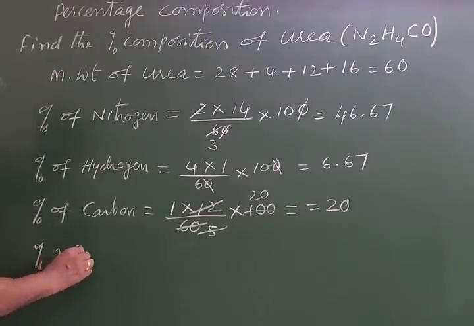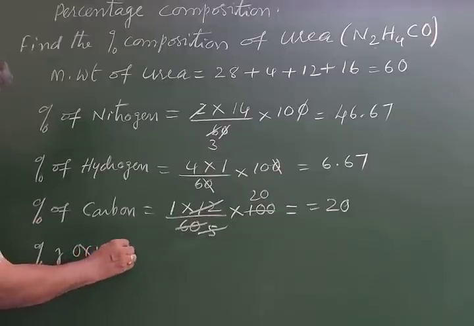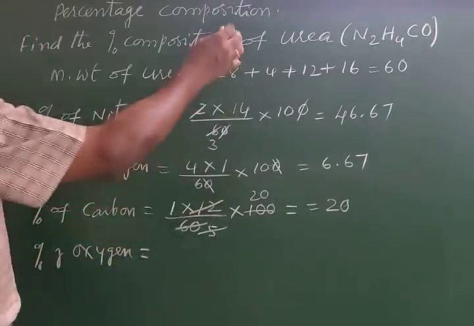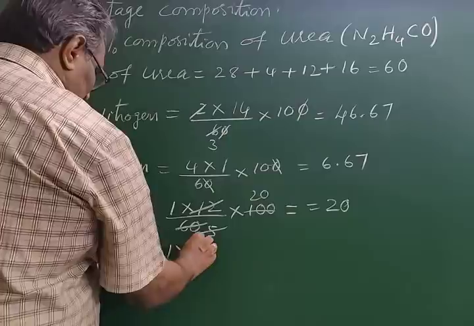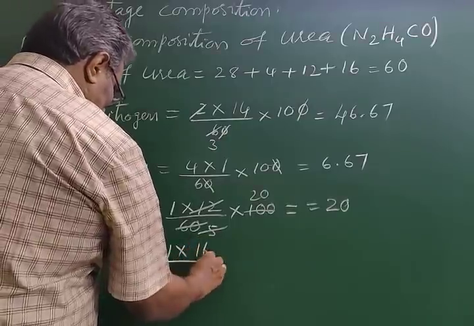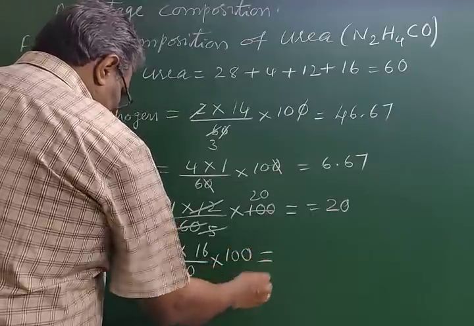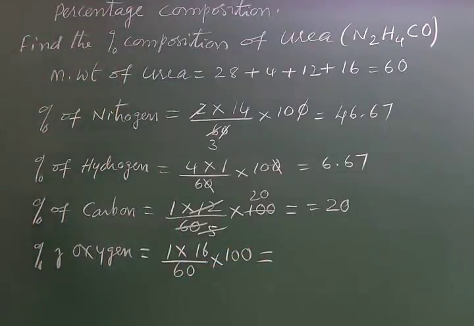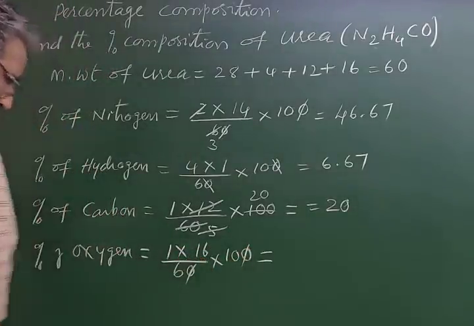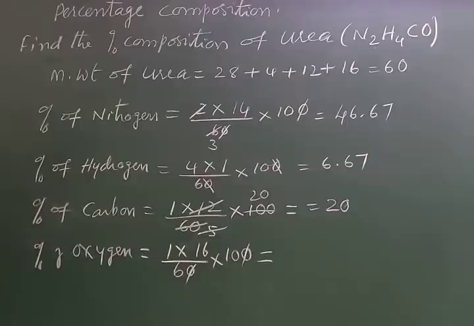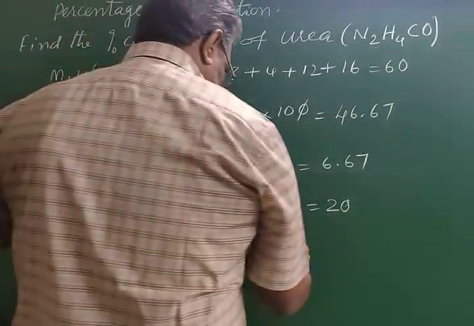Percentage of oxygen is equal to, how many oxygens are there? One oxygen into atomic weight of oxygen 16 by 60 into 100. That is equal to 1600 by 60 or 160 by 6. That is equal to 26.67.